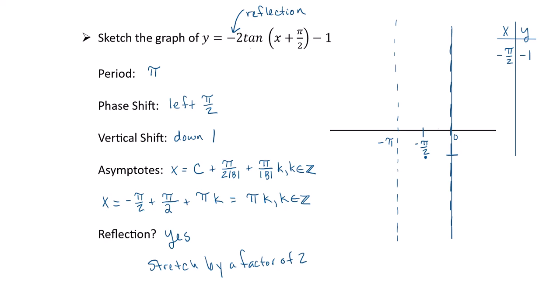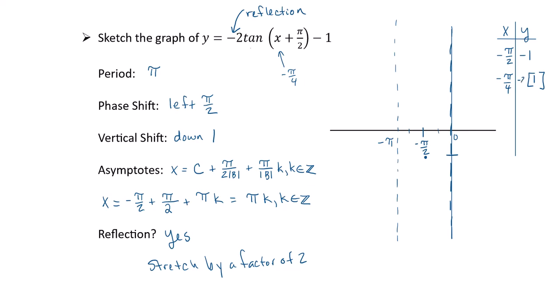Now let's go kind of midway here and midway here. So how about a negative pi over 4 and see where that lands us? If we put a negative pi over 4 here and we add pi over 2, then that's going to give us a positive pi over 4, and the tangent of positive pi over 4 is 1.